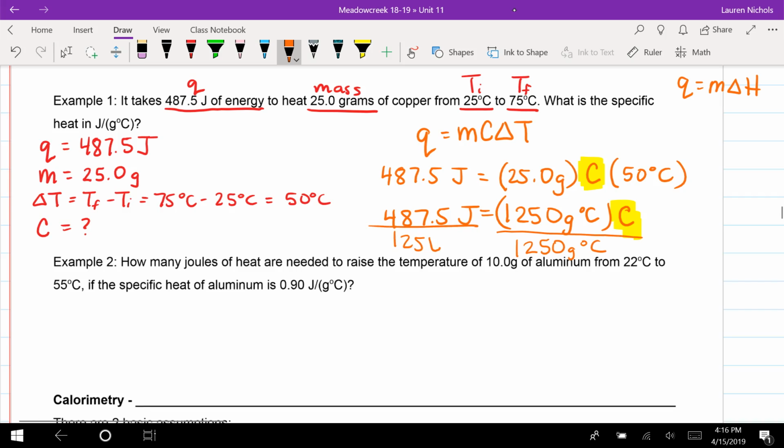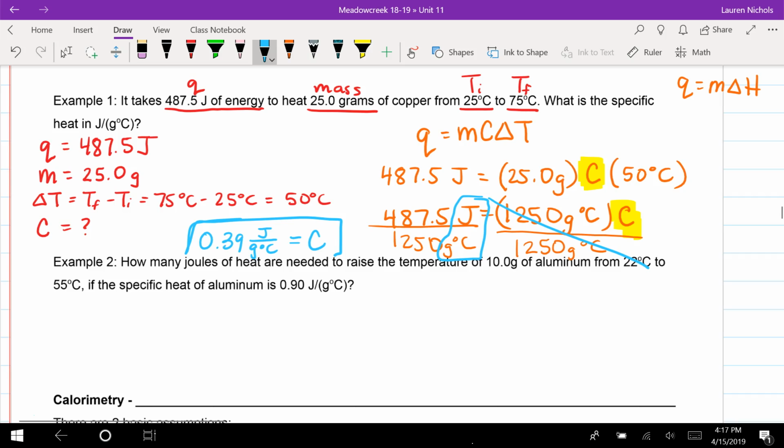So on this side, it will cancel out, and you will get C is equal to 487.5 divided by 1,250, and you get 0.39 joules over grams degrees Celsius, because none of our units cancel out, so I write it exactly how I saw it. And that is my answer.